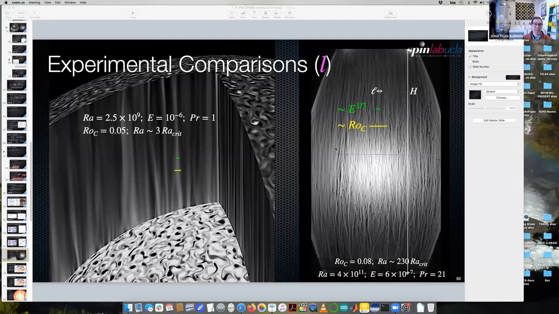So this is interesting, but not yet quantitative. These structures are far skinnier than the Ro_C prediction, but I need systematics to tell whether there's a prefactor there or not. I don't actually know how it scales.